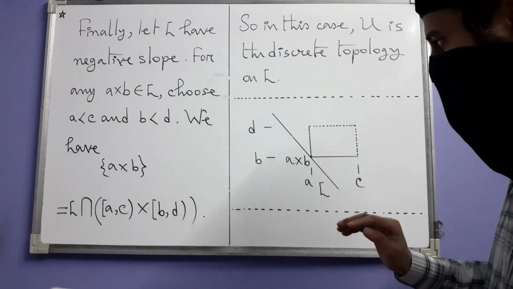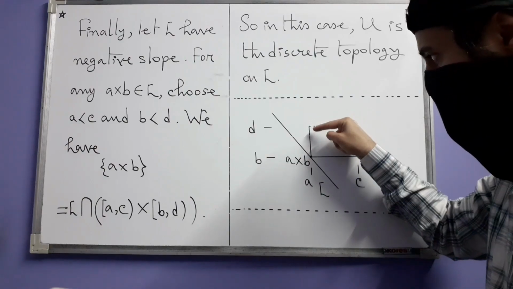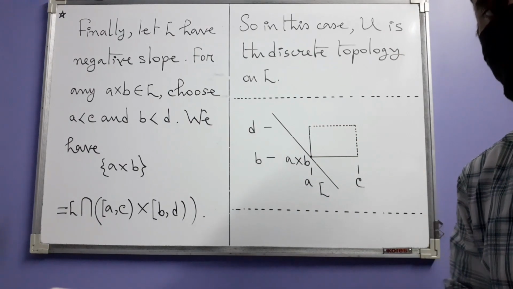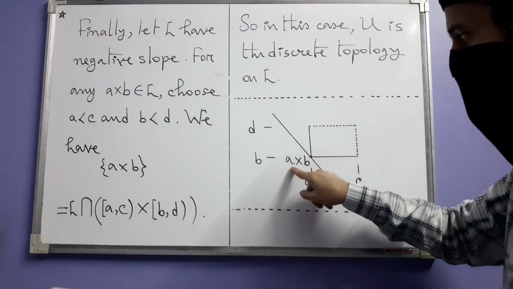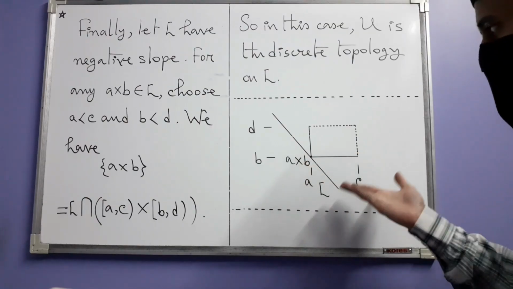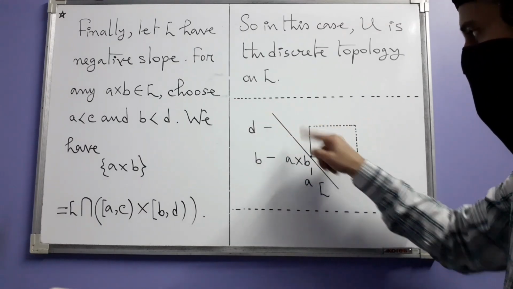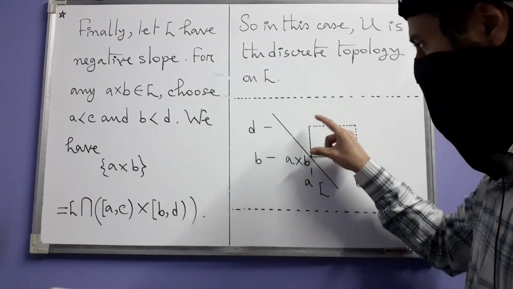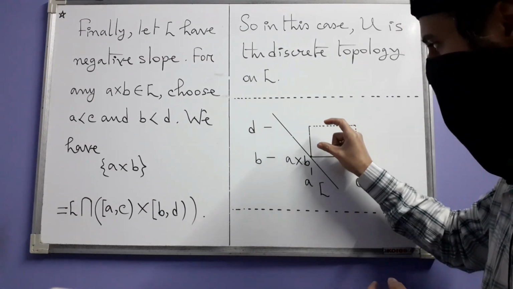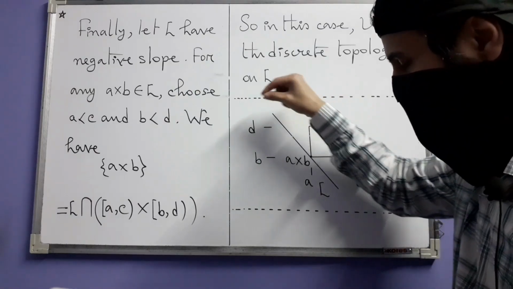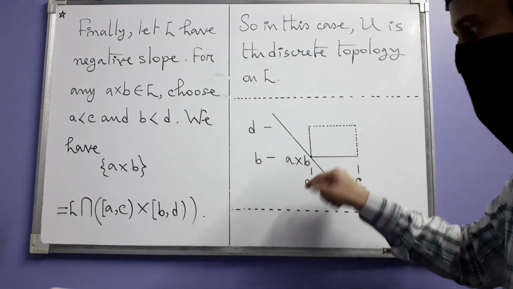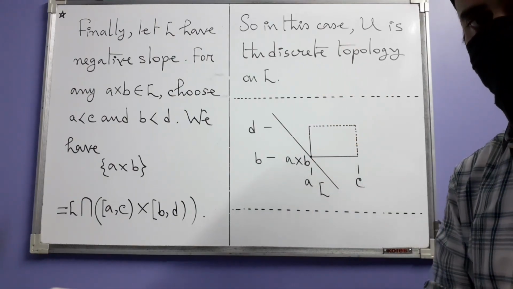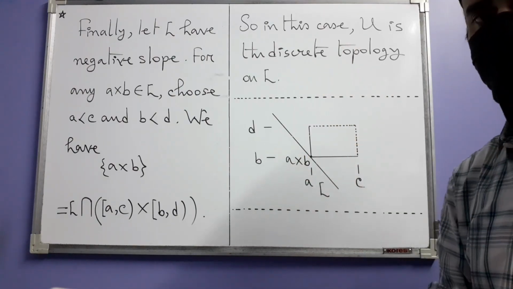All the interior points are included, and along with these two sides, this corner point is also included, and that's a very important thing right now, because that corner point is our A times B. And you can clearly see that the intersection of L with this is just that one corner point. So like that, these boxes come and create singleton open sets on L, thus giving us the discrete topology as the subspace topology that L inherits as a subspace of RL times RL.